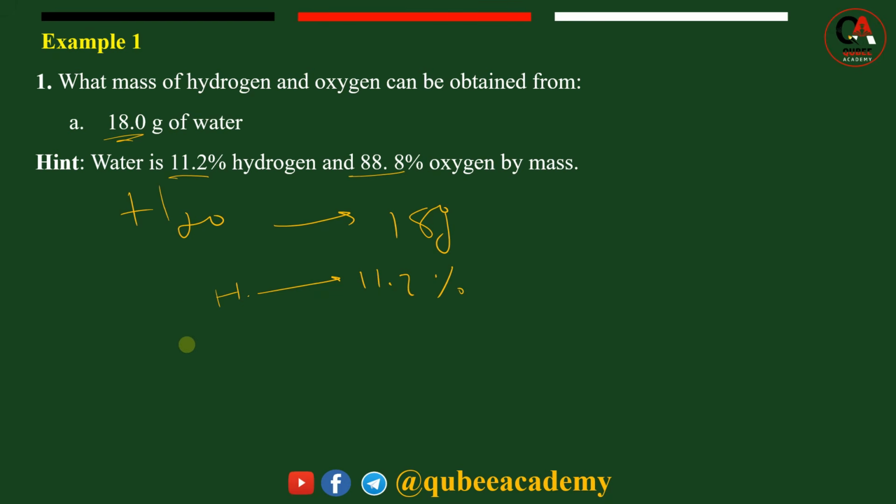So if this total mass of water, 18 grams, represents 100%, because it is our total mass, then among this 100%, 11.2% is hydrogen.